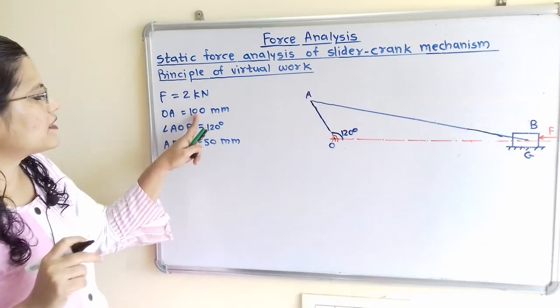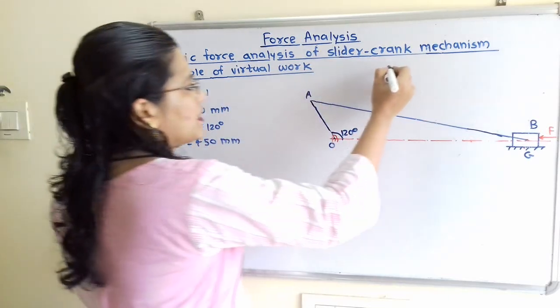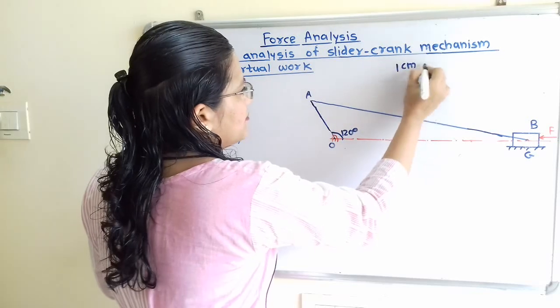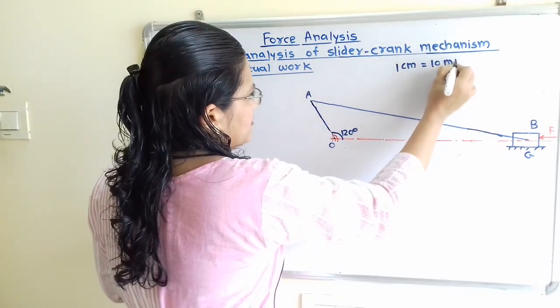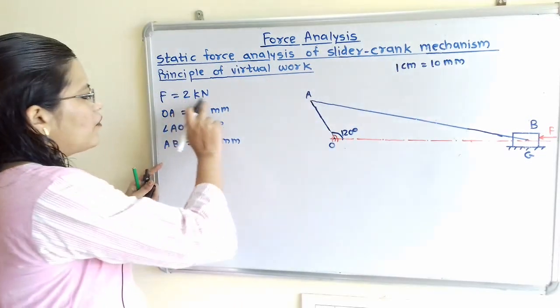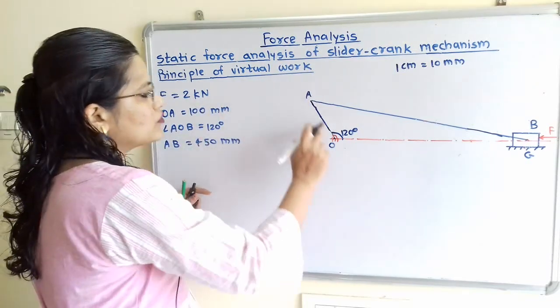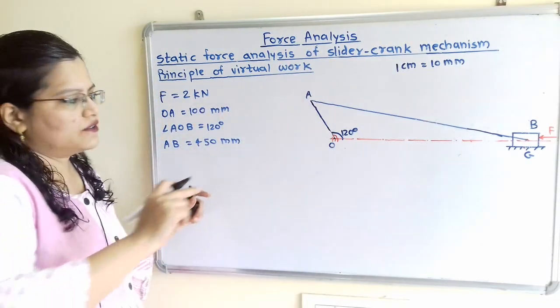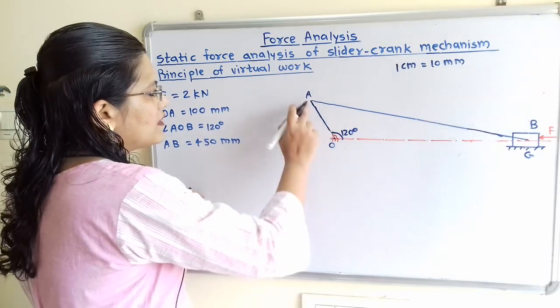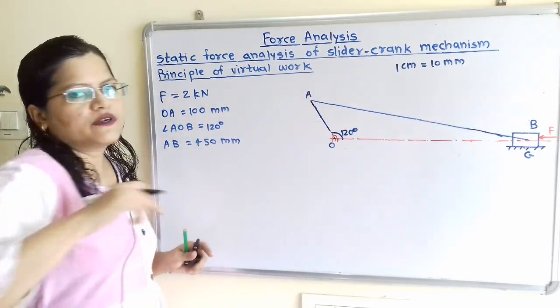So we will consider here 1 centimeter, so scale will be 1 centimeter is equal to 10 millimeter. So according to this scale, for 100 millimeter we have to use distance 10 centimeter. So at 10 centimeter at 120 degree we will take here one point A.